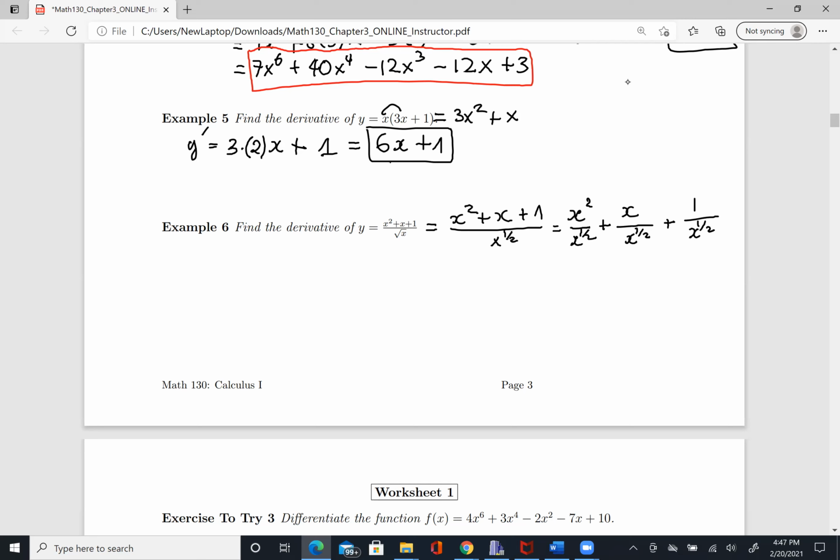Okay, now if you want to simplify it, you can rewrite as y equal to x power 2 over x power 1/2. If you still remember the power rule, you can combine this as x power 2 minus 1/2. That is for the first term. You add for the second term x power, the top power was a 1, right? 1 minus 1/2.